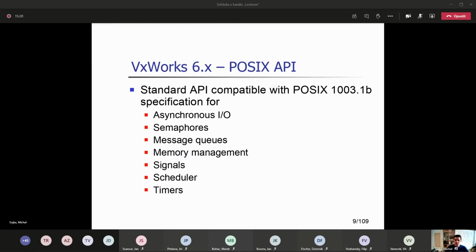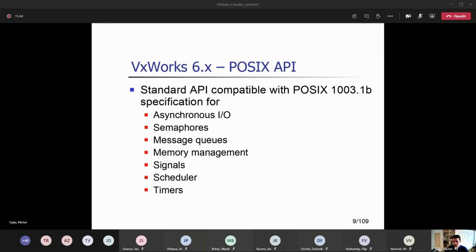On the other hand, VxWorks also offers the POSIX API, and that's mainly because it's a standardized API, and basically all real-time operating systems, or if not all, then most, or at least the important ones in the world, support this API.